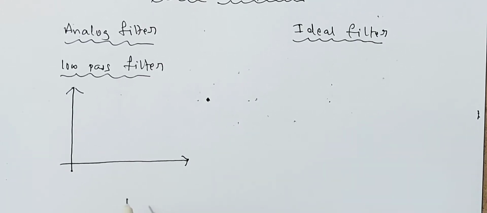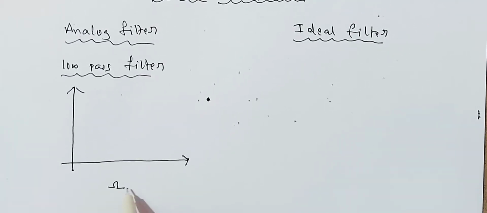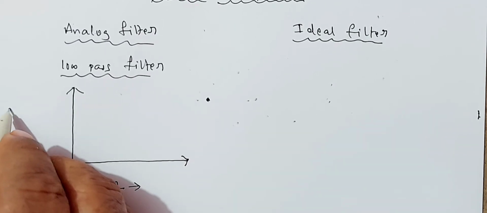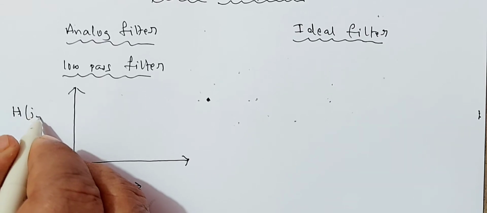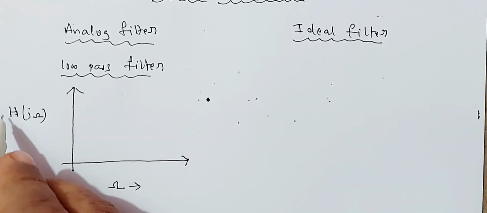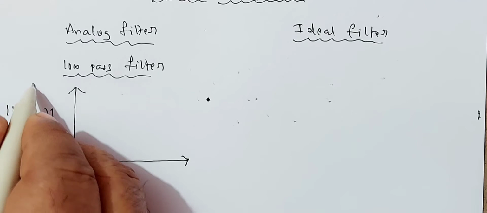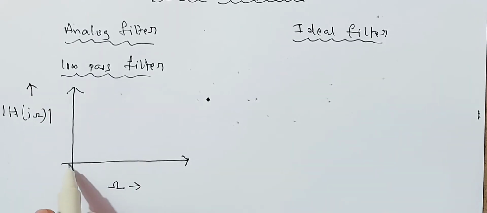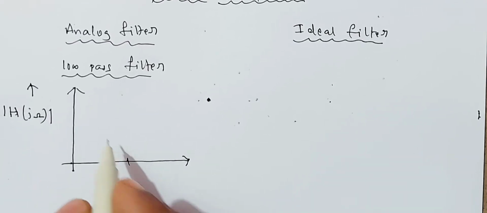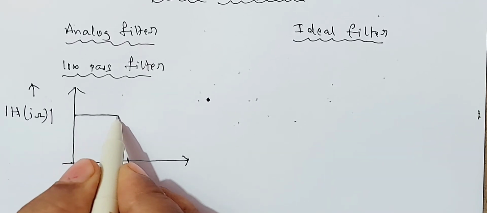In DSP, we will represent frequency as omega, keeping it along the x-axis. In DSP, we represent magnitude as magnitude of H of j omega, let it be along the y-axis. In a low pass filter, up to low frequency, the output is allowed.